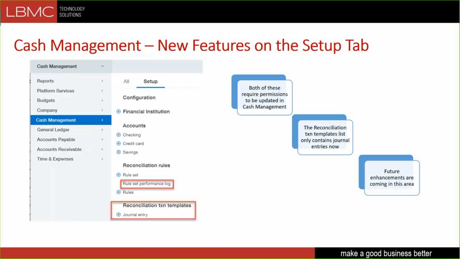So you want to make sure that you do that. And at the bottom where it says reconciliation transaction templates, it just has journal entry as an option. Well, the release notes indicated that there will be other template options coming in future releases.